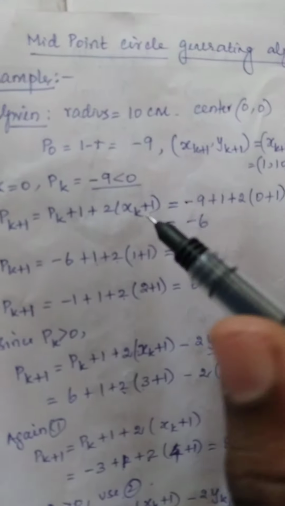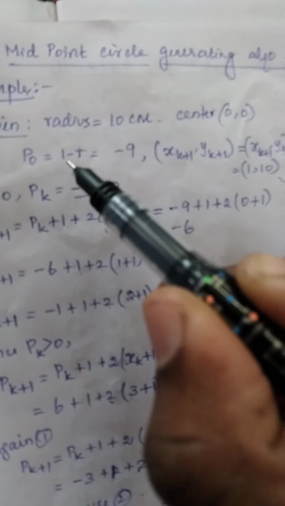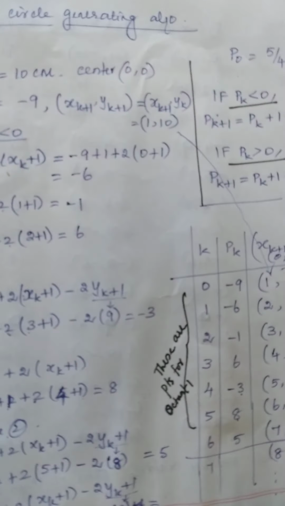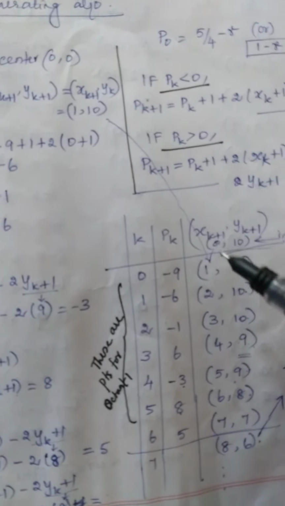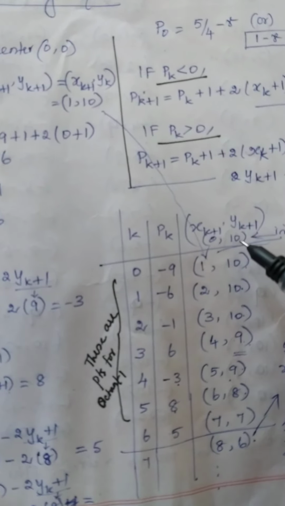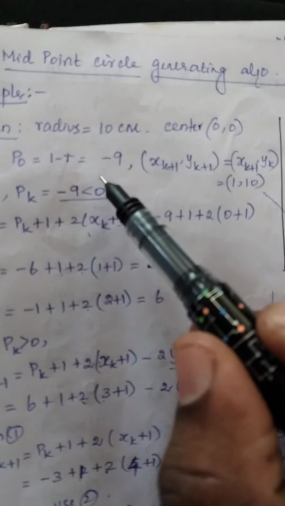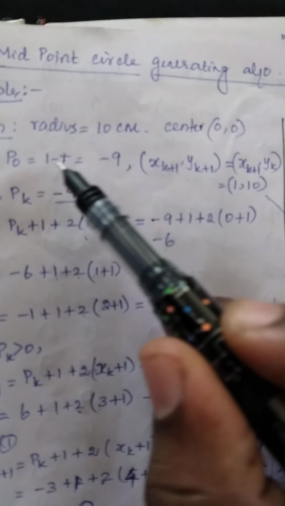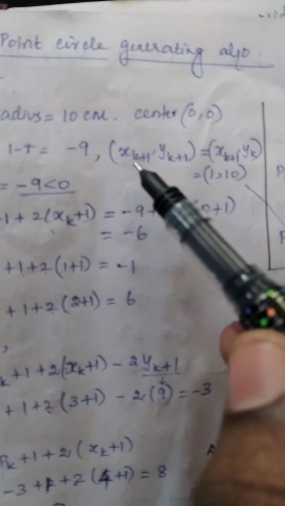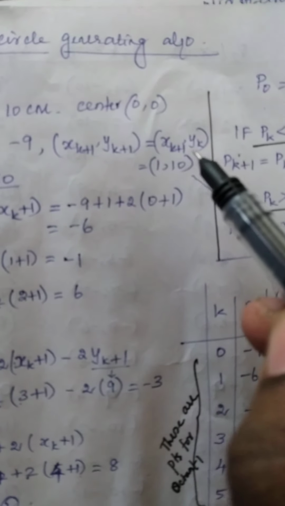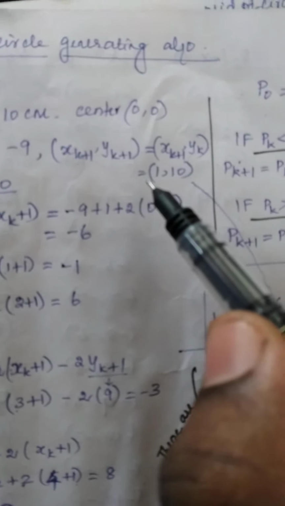So let's consider this example. Given radius 10 centimeter, P naught value will be 1 minus r equal to minus 9. Initially x will be 0 and y will be 10. Then after using P naught, 1 minus r equal to minus 9, xk plus 1, yk plus 1 equal to xk plus 1 comma yk, that is 1 comma 10.